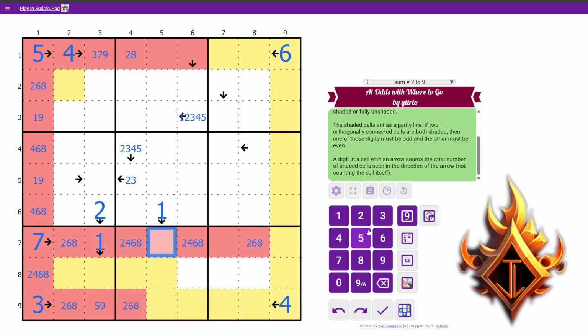And then we have a 3, 5, 9, 3, 5, 9, and 3, 5, 9. That should be our 5 odds, yes.